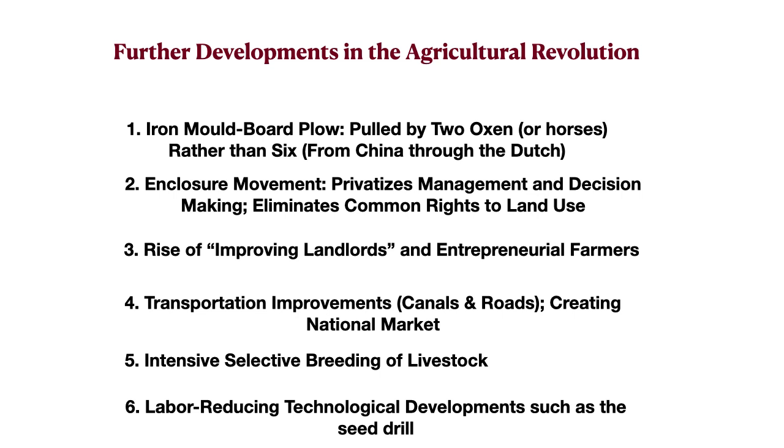Also, huge transportation improvements so that food can be moved much more easily from the countryside to the growing towns, also from areas that may have a local shortage because of weather conditions or other things. So moving towards a national market. But the 1700s was a big period of road building and canal building as well.